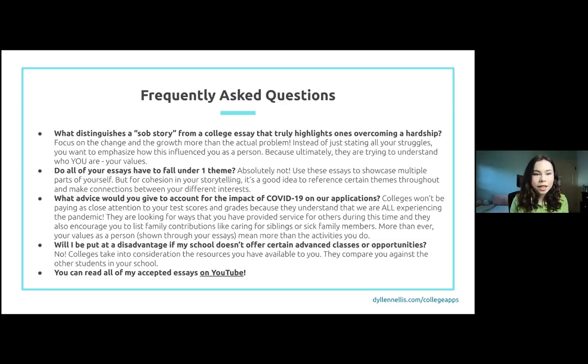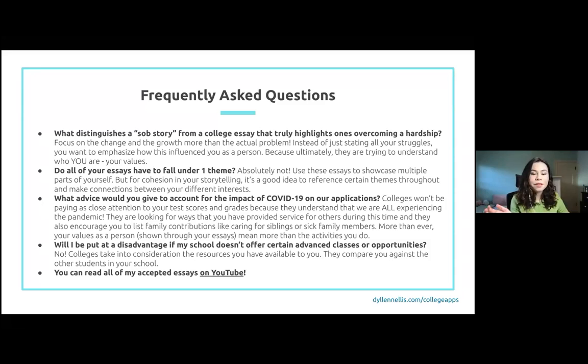I used different connections throughout. I was making hidden references in my essays to other interests, like hinting, oh, we used to solve math puzzles, and it's like, oh, she likes math, that kind of thing. And tying in how art relates to tech and how I can use theater, just making those connections is so important and can help your application stay cohesive.